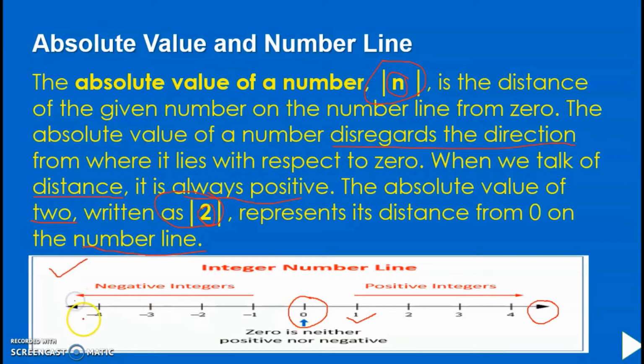And it's counting too because of the arrow directing to the left of zero. And take note that 0 is neither positive nor negative because 0 is neutral. It has no sign. 0 is neutral.